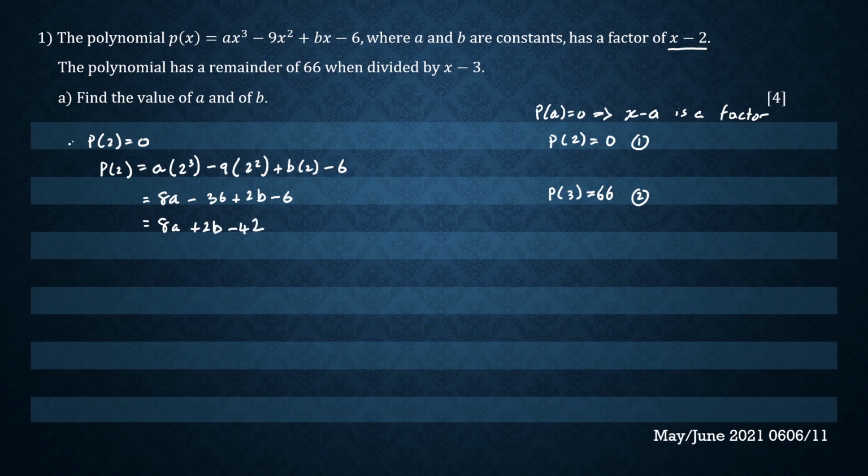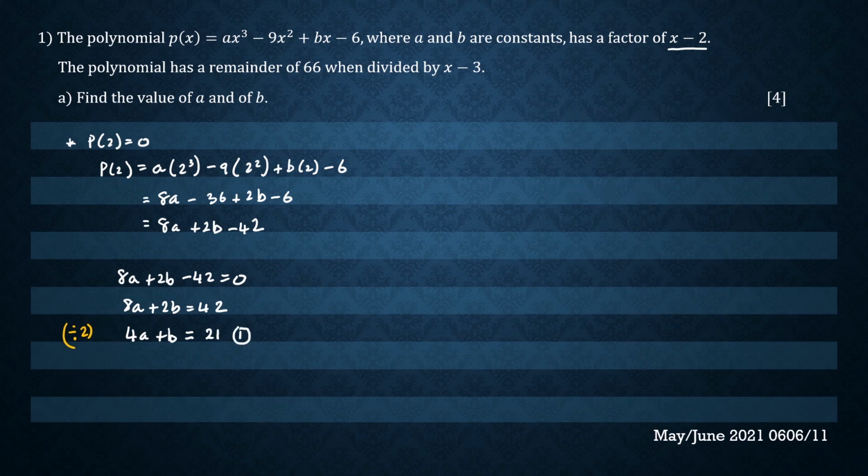From our original statement, this would be equal to 0. So we can write 8a plus 2b minus 42 equals 0. Let's rearrange it to 8a plus 2b equals 42. Let's simplify by dividing everything by 2. So we'll get 4a plus b equals 21. This will be our first equation.